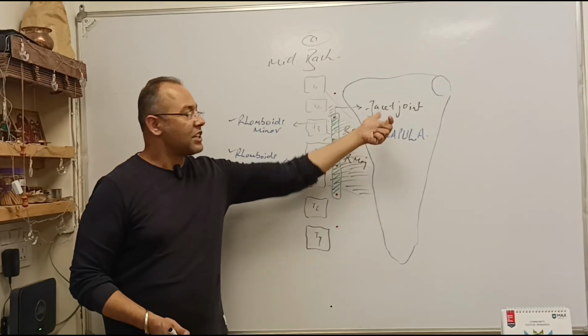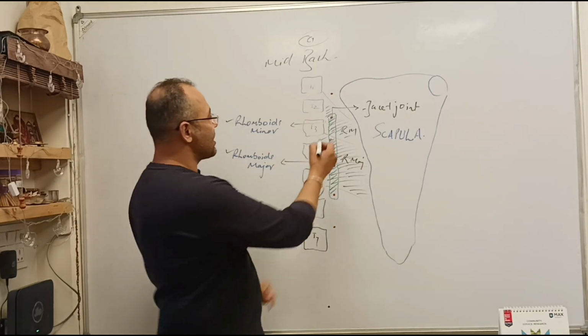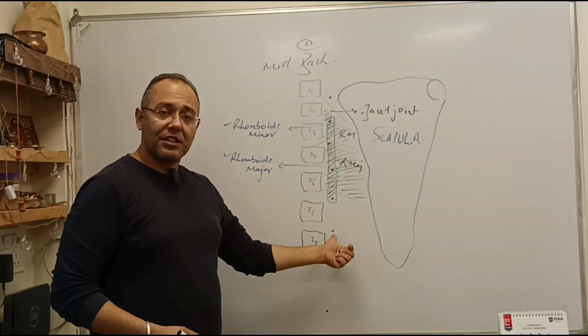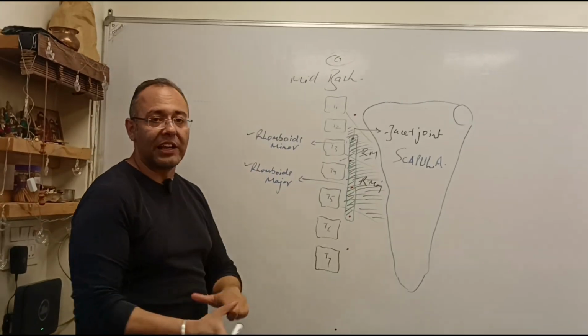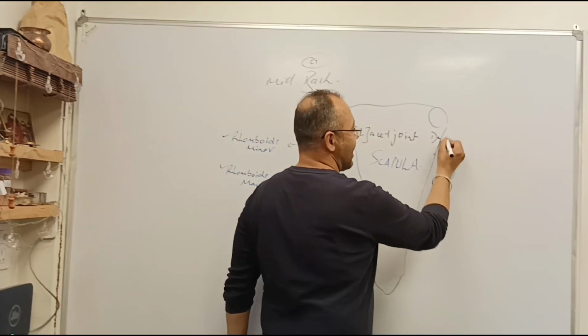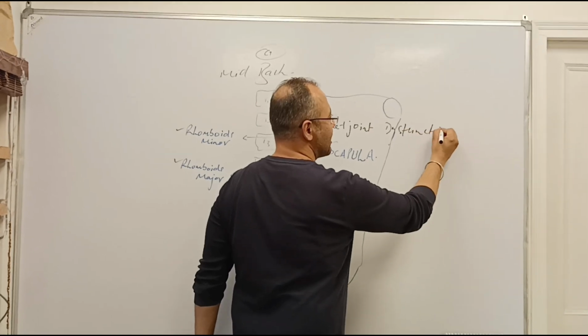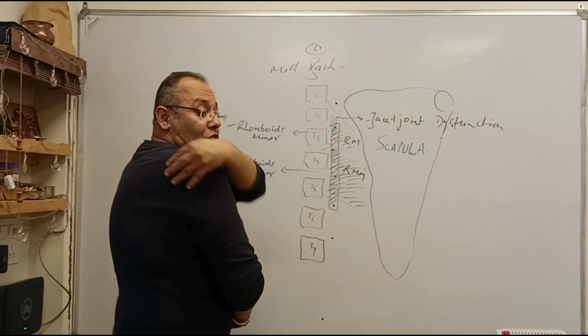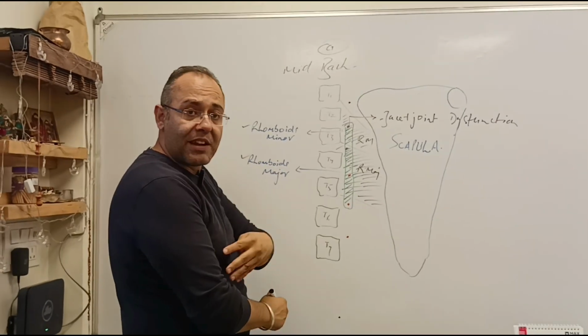Then these facet joints get deranged. So there are 6 facet joints which can dysfunction, and that is known as facet joint dysfunction. Then you feel pain over this area, and that pain gets referred to the shoulder.